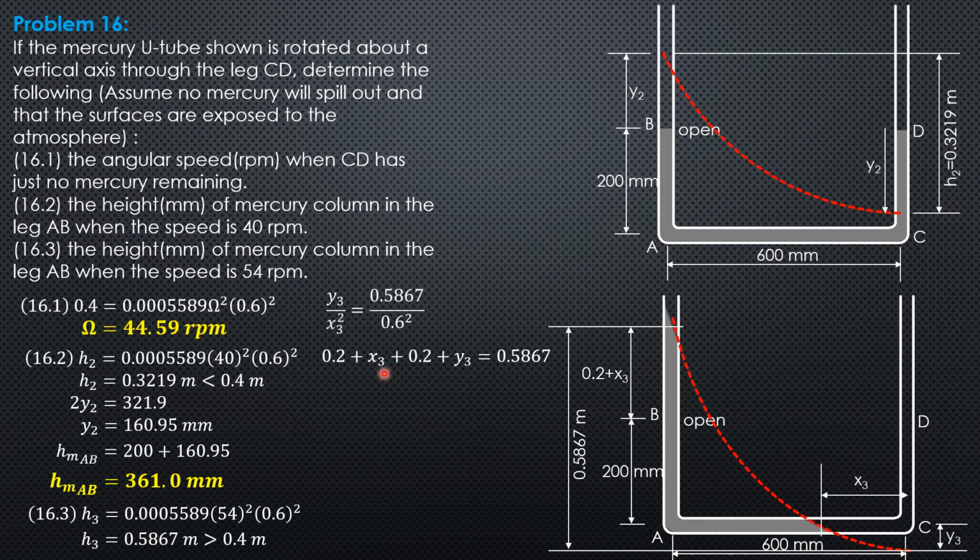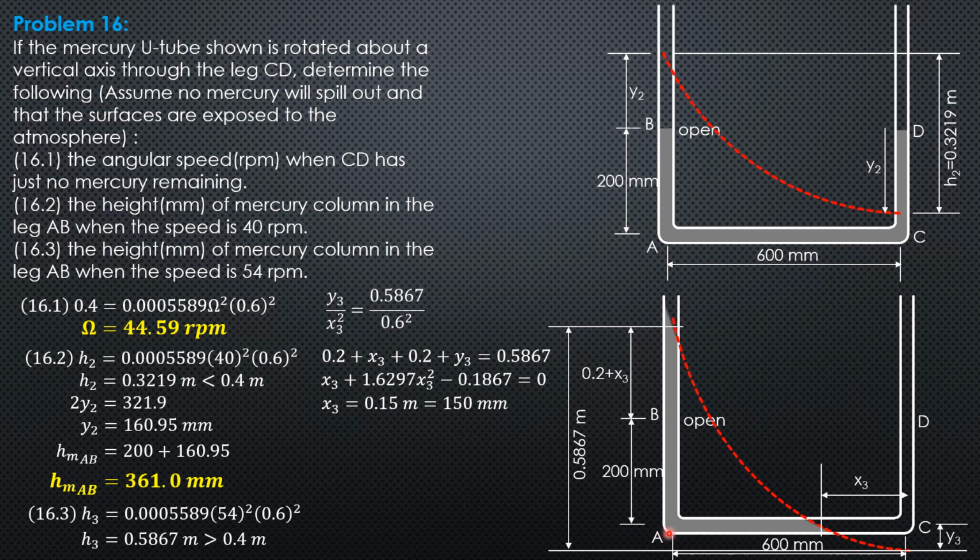So x3 plus y3, where y3 is 0.5867 over 0.6 squared times x3 squared, minus 0.1867 equals 0. So x3 plus 1.6297 x3 squared minus 0.1867 equals 0. Solving this quadratic equation, the real root of x3 is 0.15 meter or 150 mm.